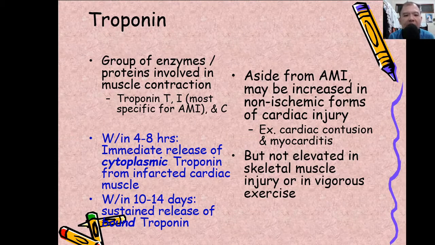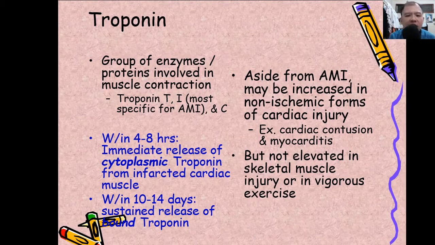troponin C. Within the first 4 to 8 hours, there is immediate release of cytoplasmic troponin from the infarcted cardiac muscle. Within 10 to 14 days, there is sustained release of bound troponin.